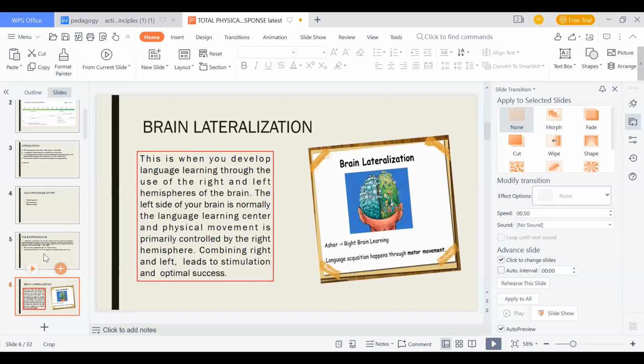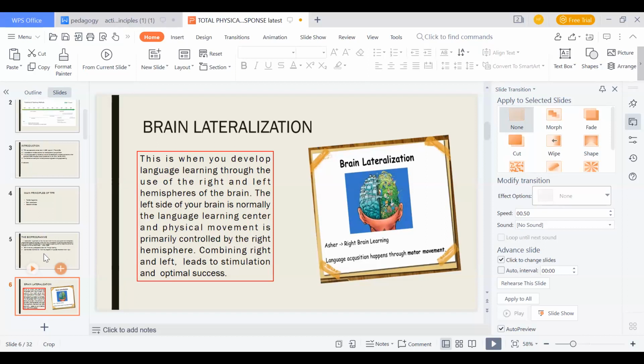So then you come to the next one, brain lateralization. The second underlying principle is brain lateralization. Can one of you read what is this? You have heard of this. Our brain has two hemispheres, left hemisphere and right hemisphere. So they are responsible for different skills and abilities. So here we will read first and then see what is this brain lateralization as an underlying principle in TPR.